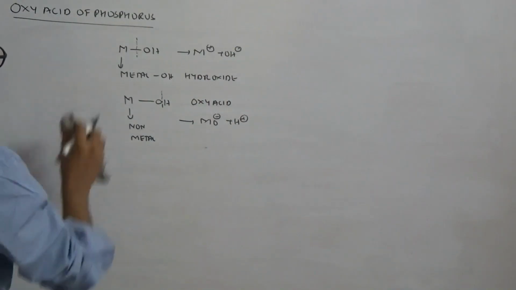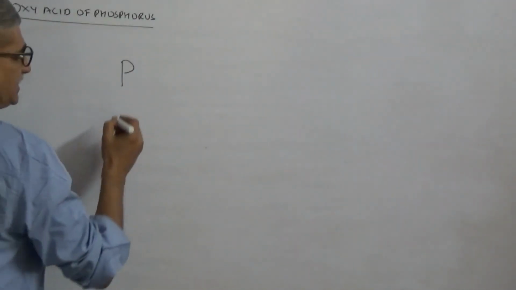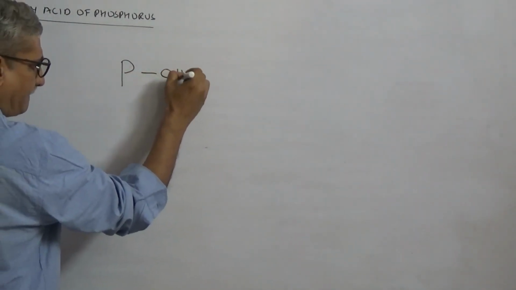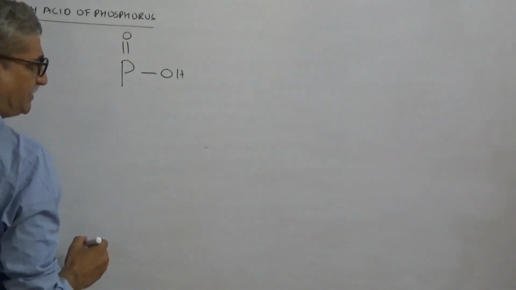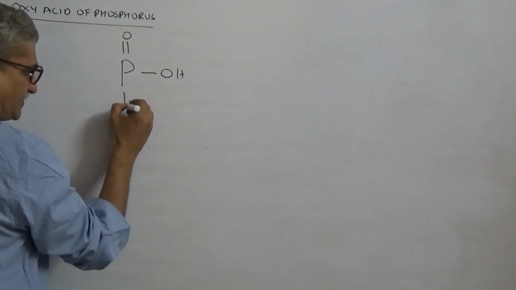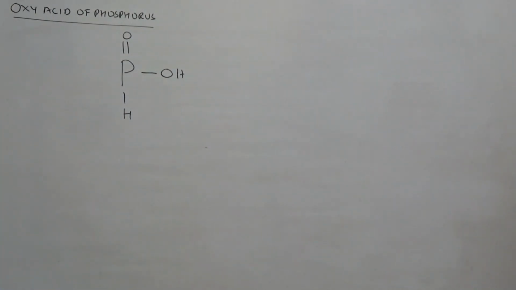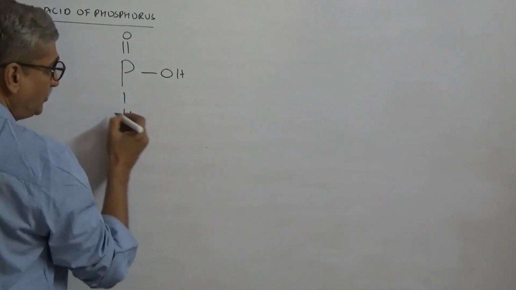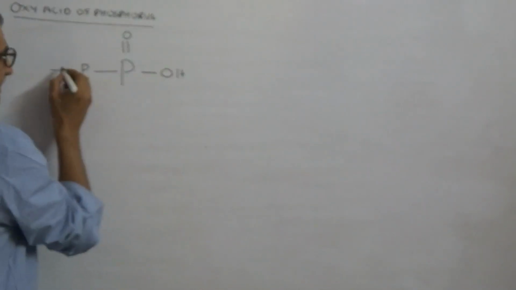Now as far as oxyacids of phosphorus are concerned, at the center is phosphorus, tetrahedrally surrounded by at least one OH group. There could be other groups like a P=O group present tetrahedrally. Sometimes you have an H group present. Is this point clear? You have OH as well as H. Now there could also be in some cases a P-P linkage, but then H will not be there wherever there is a P-P linkage.